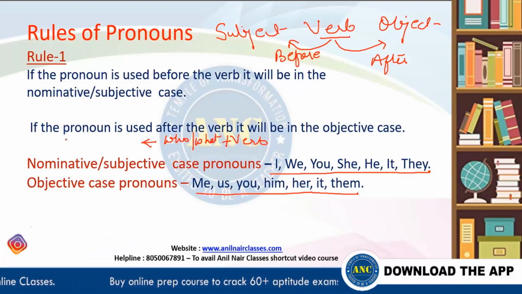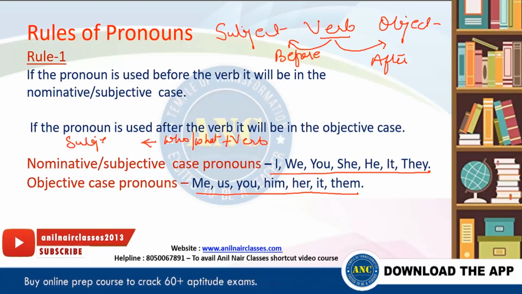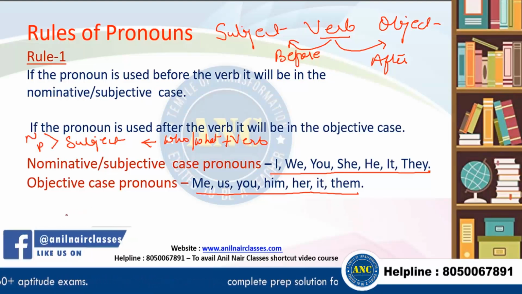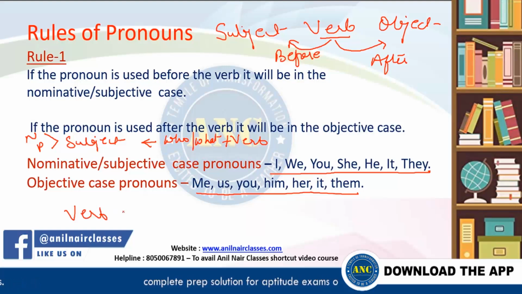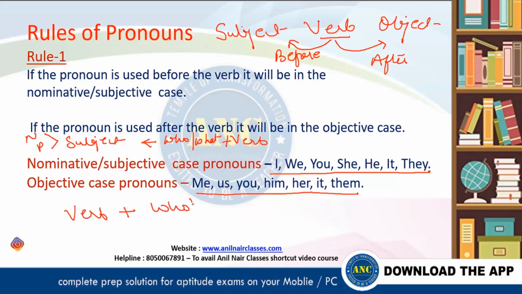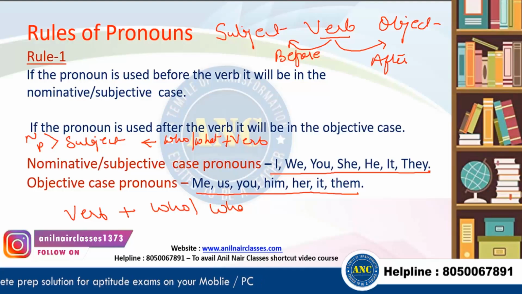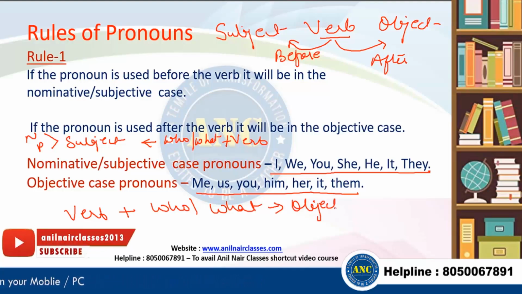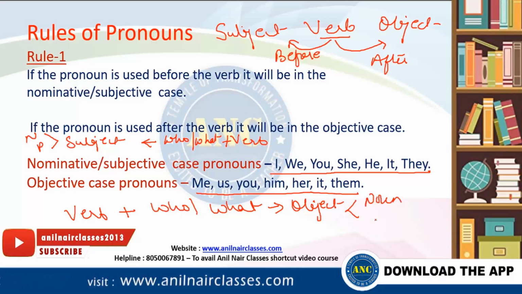You'll get a single word answer, which is called the subject of the sentence, which will either be a noun or a pronoun. To find the object, first find the verb. After the verb, ask the question who or what. You will get the object, which will either be a noun or a pronoun.